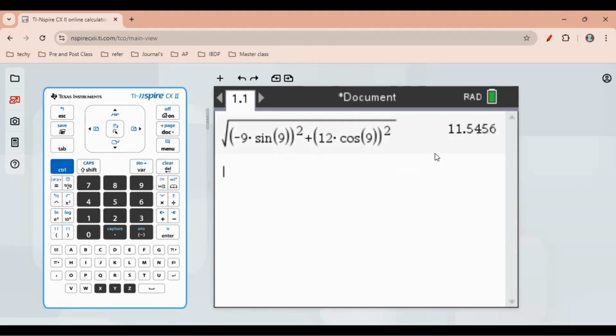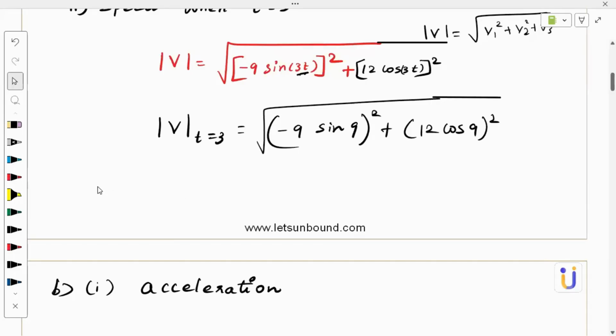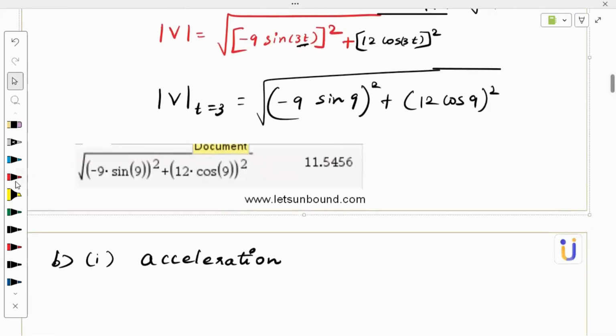We got 11.45456, so we can approximate it. Moving to the solution page, the speed is 11.5 meters per second, that is 11.5 m s to the power minus 1.